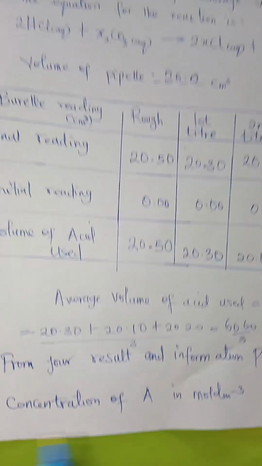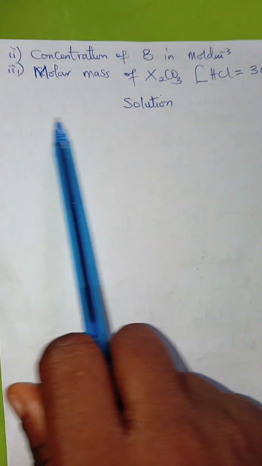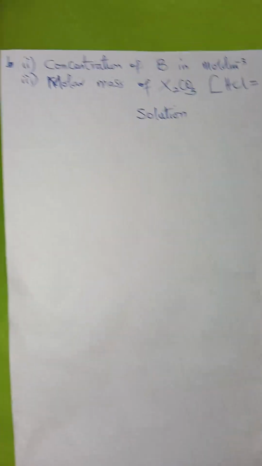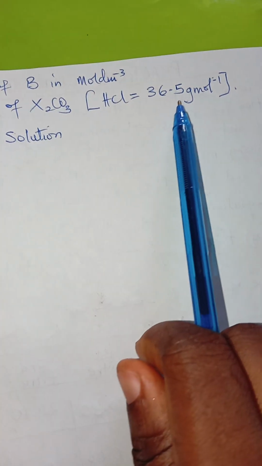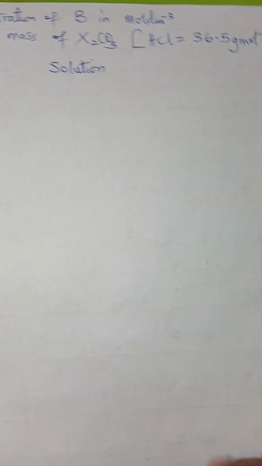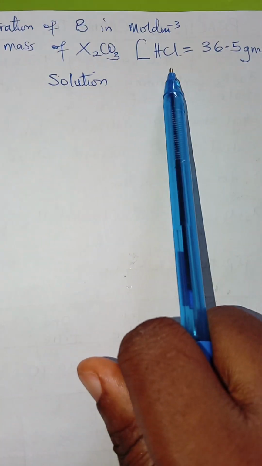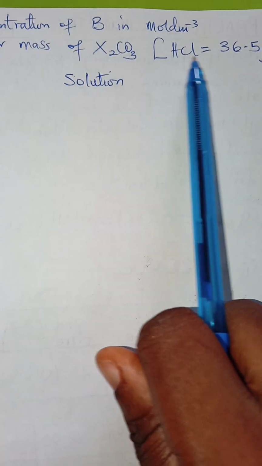So let's quickly answer this question. Concentration of A in mole per dm cube, the second one says concentration of B in mole per dm cube, and lastly the molar mass of X2CO3. They gave us that of HCl to be 36.5. Lucky you, it was calculated. But in case it was not given, they will give you the atomic masses of H and Cl.